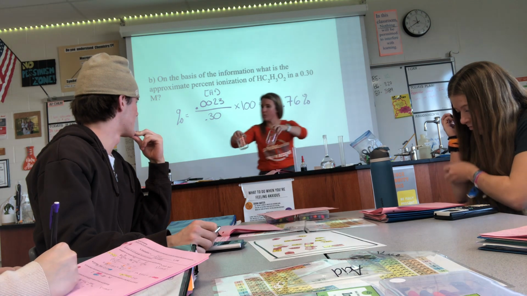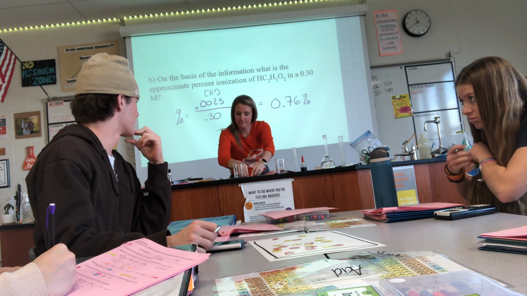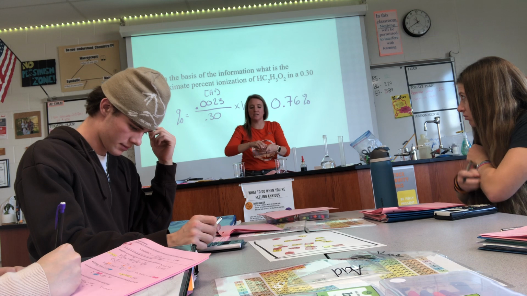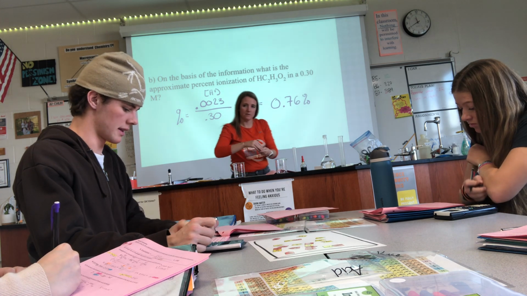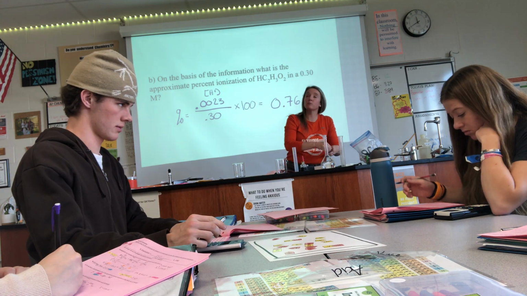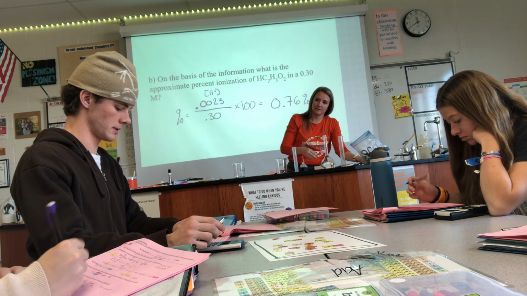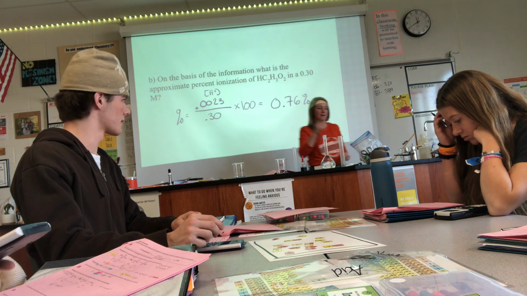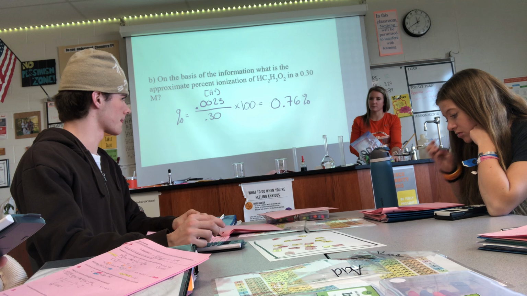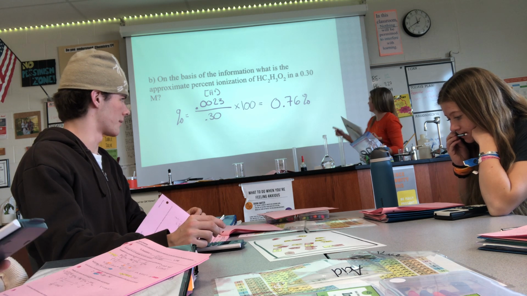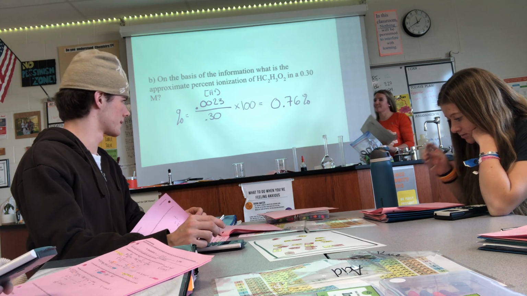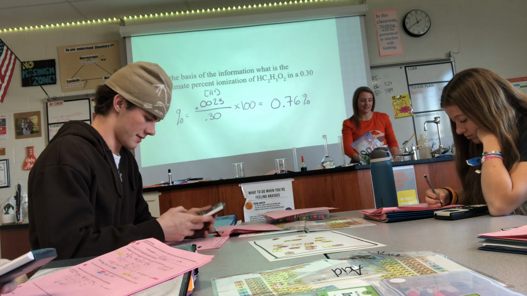So what does X equal? It doesn't equal K by itself. What were you trying to find overall in your rice chart? What's the equation for pH? Do you not have a graphing calculator? The negative log of the. Yeah, negative log, so that's what you do.